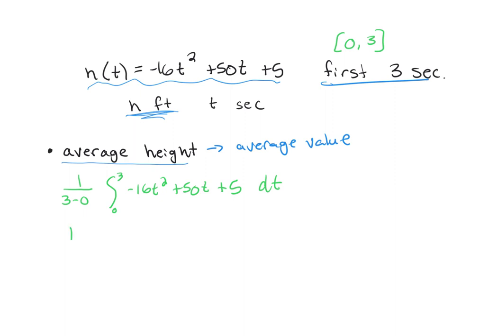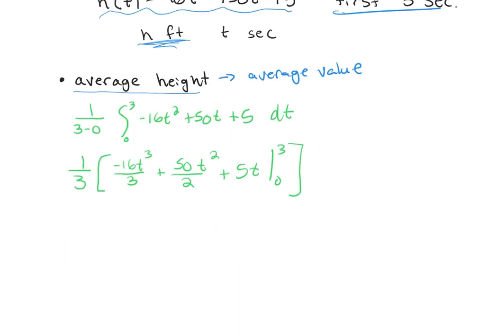So what I have is 1 over 3, and then I'm going to take the antiderivative. So I've got negative 16t to the third over 3 plus 50t squared over 2 plus 5t, and I have to evaluate it from 0 to 3.